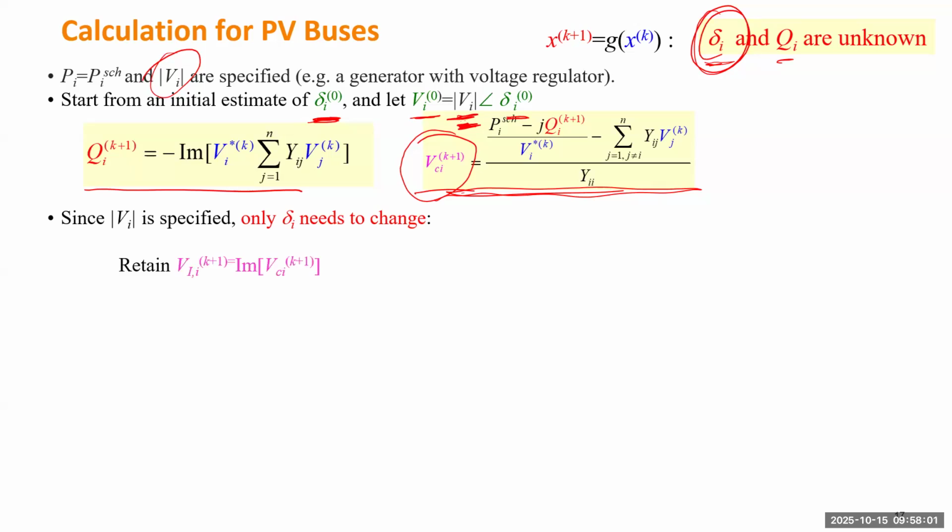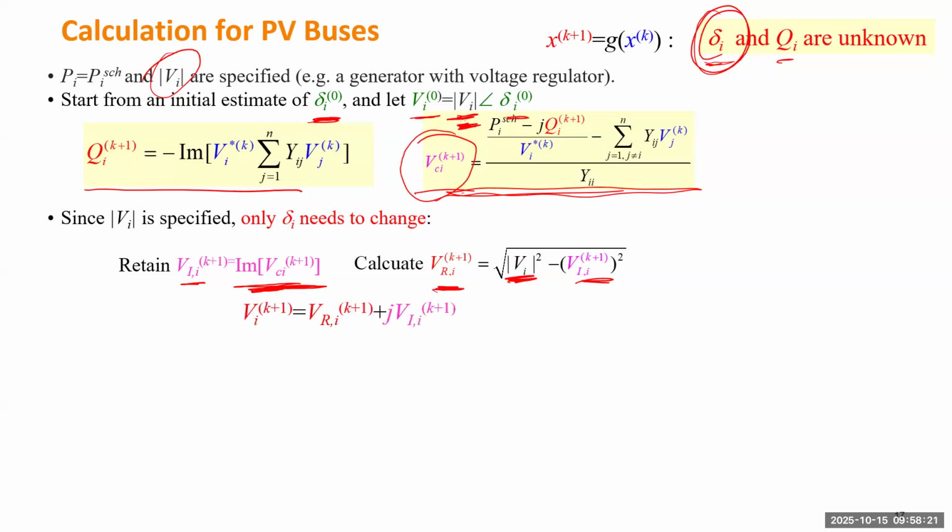One thing to do is we only take the imaginary part. If we update both real part and imaginary part, you actually change the magnitude, so we only keep the imaginary part. Then from the imaginary part, also using the given magnitude, we calculate the real part. Then we form the new phasor using the real part and the updated imaginary part to get the updated value for the voltage phasor.